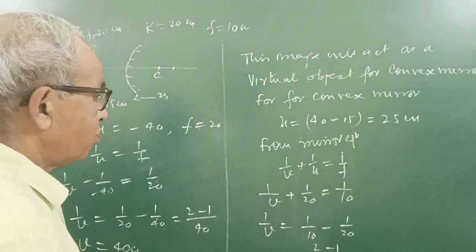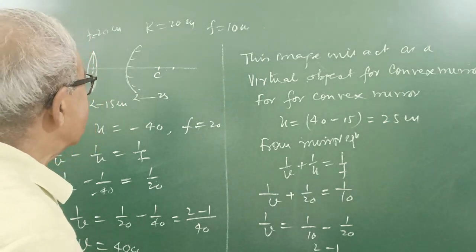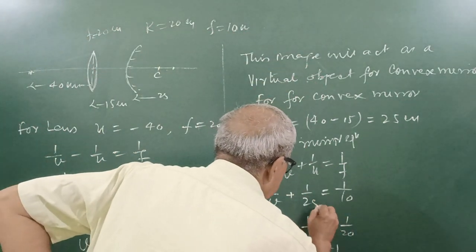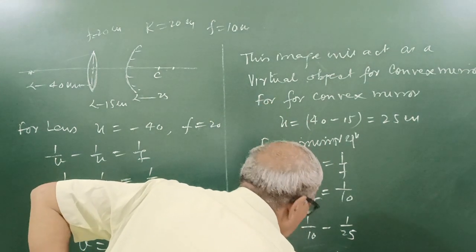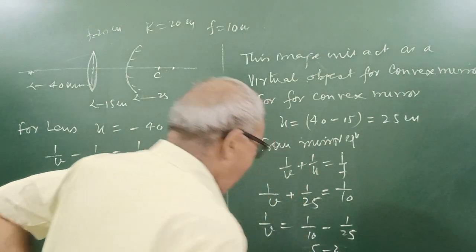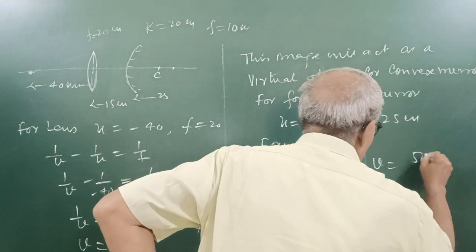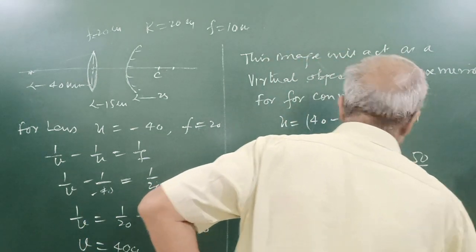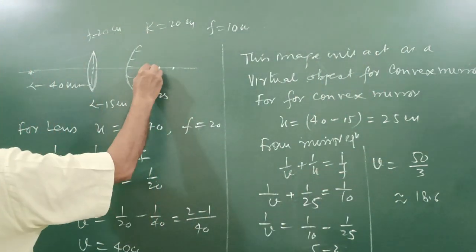No, it is 25, sorry. So LCM is now 50. So 5 minus 2. So that way we get v equal to 50 upon 3, nearly 18.6 centimeter. Somewhere here.